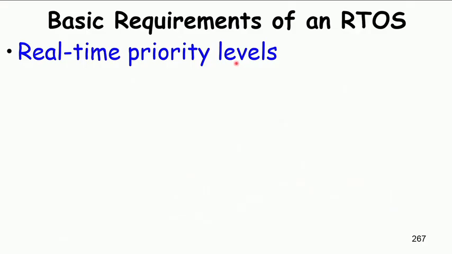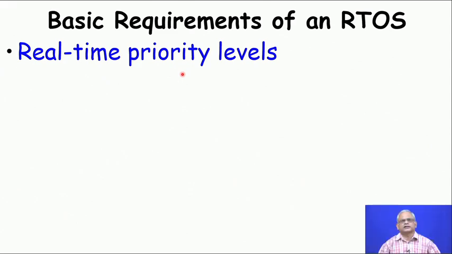The issues that we need to consider are, first, support for real time priority levels. We have seen that in the real time scheduler, especially the rate monotonic algorithm, once we assign priorities to the tasks during design time, the priority should not change. This is also called static priority level or real time priority level.